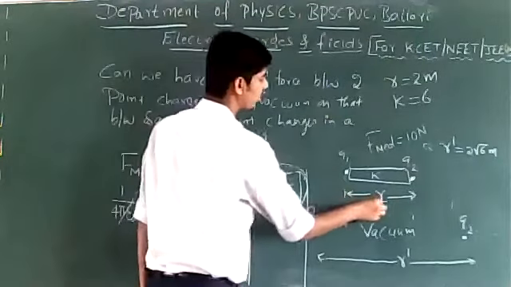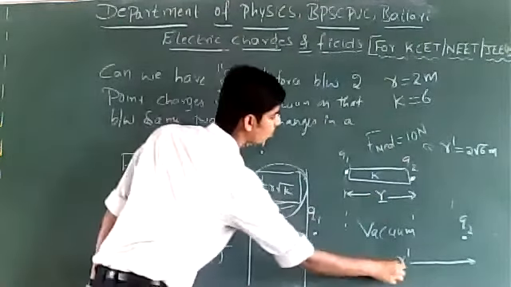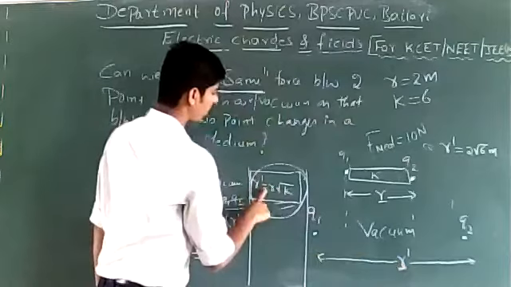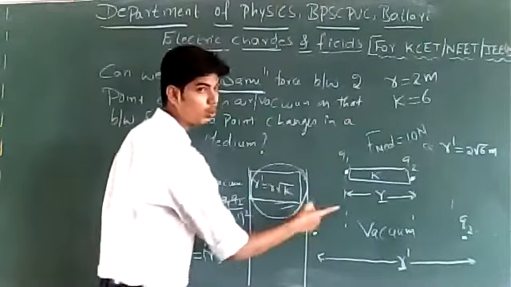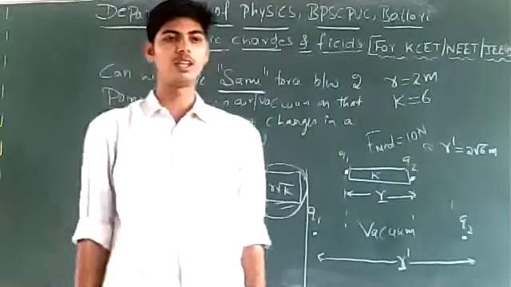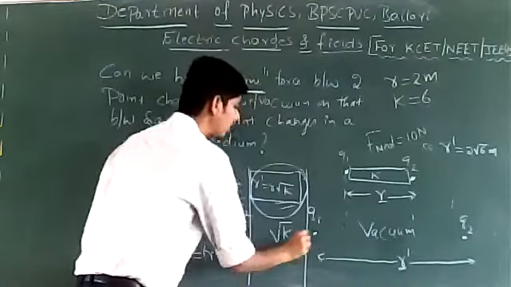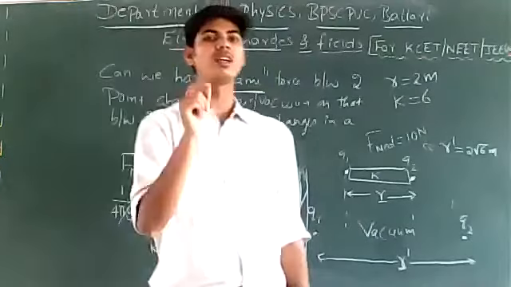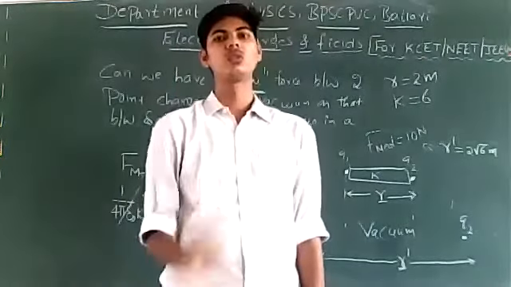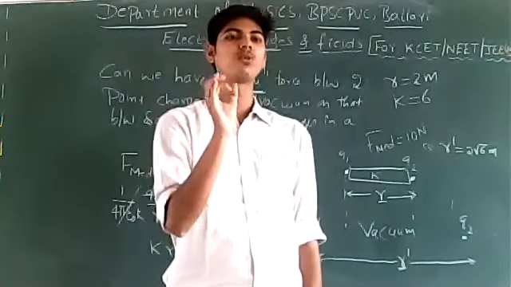Initial distance was R. Now look at the distance R dash, which is R root K. So you have to increase the distance by a factor of root K so as to have the same force between the two charges.